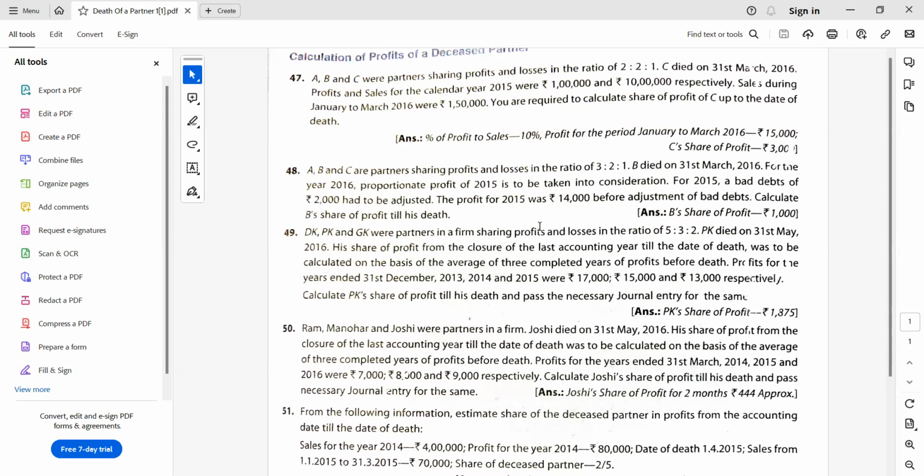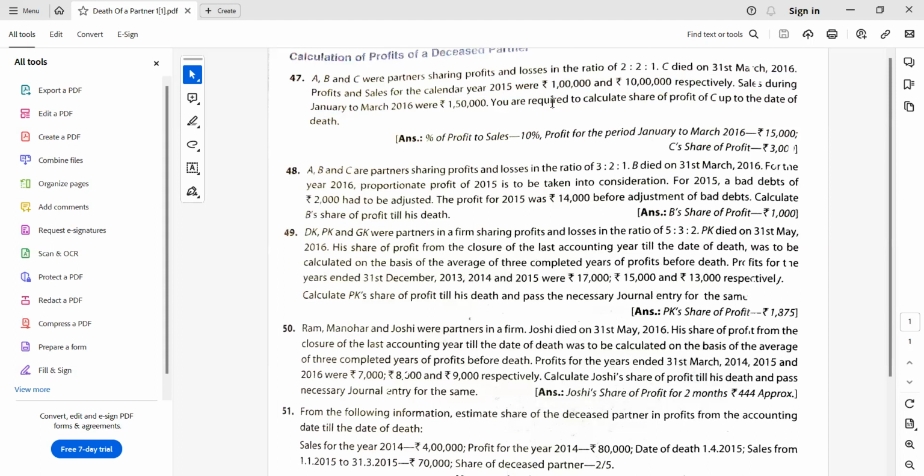Okay. First of all, in the first question, you can see that sales during January to March 2016 were 1,50,000. So in this question, the year ending is December 31st.